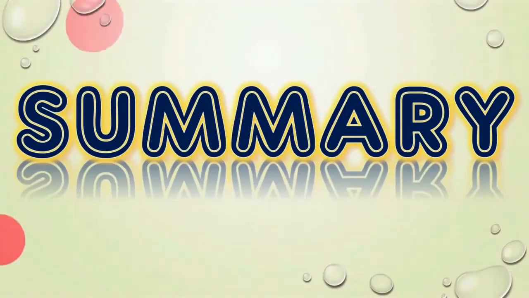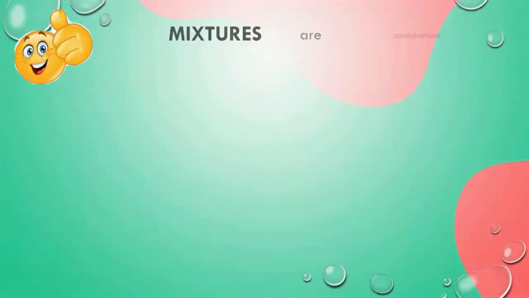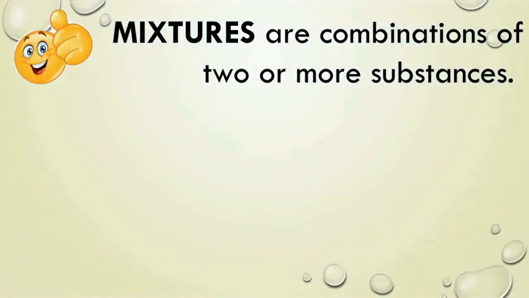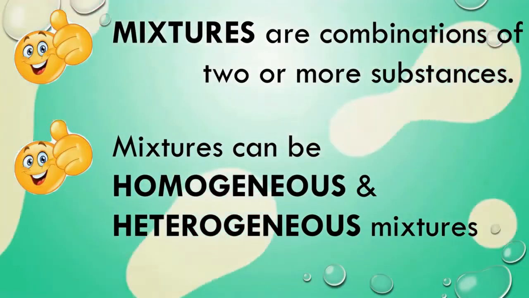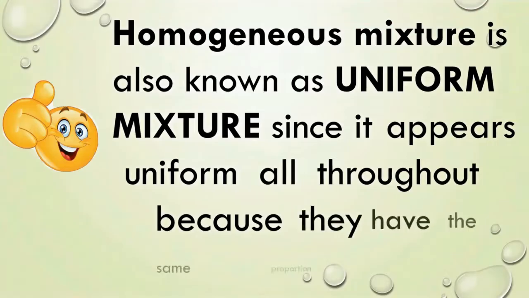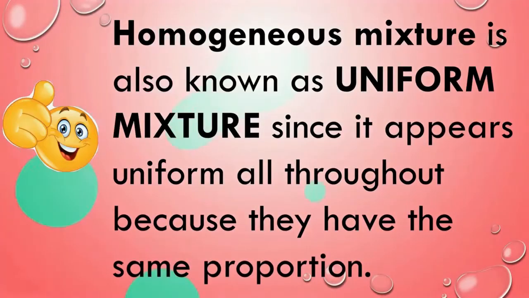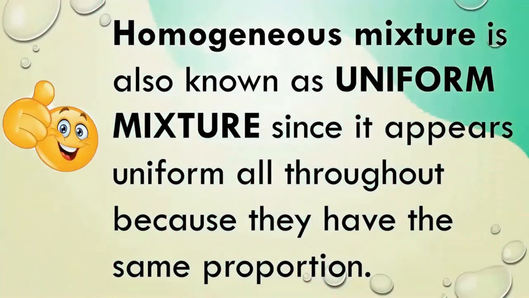In summary, mixtures are combinations of two or more substances. Mixtures can be homogeneous mixtures and heterogeneous mixtures. Homogeneous mixture is also known as uniform mixture, since it appears uniform all throughout because they have the same proportion.